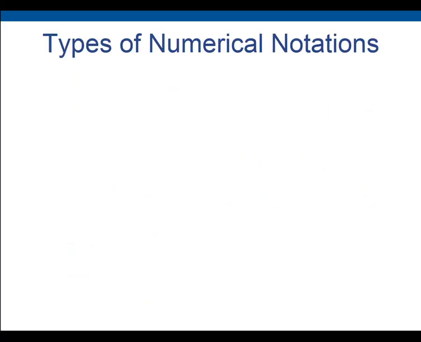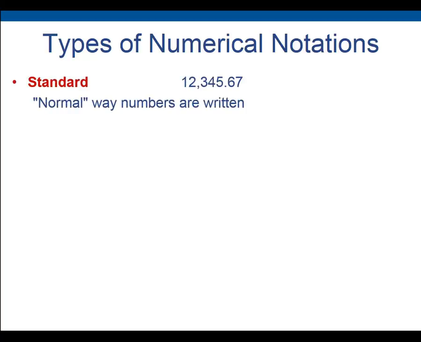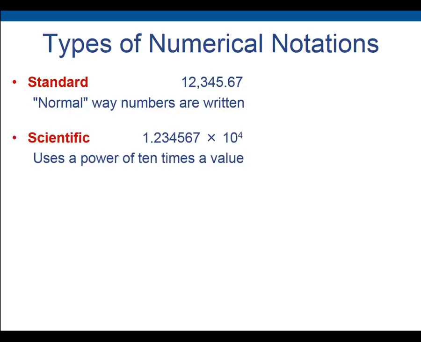There are 4 types of numerical notations: standard, scientific, engineering, and calculator notation. The standard is just a standard. It shows a number without any times 10 or e. Scientific notation is using a power of 10 times a value.